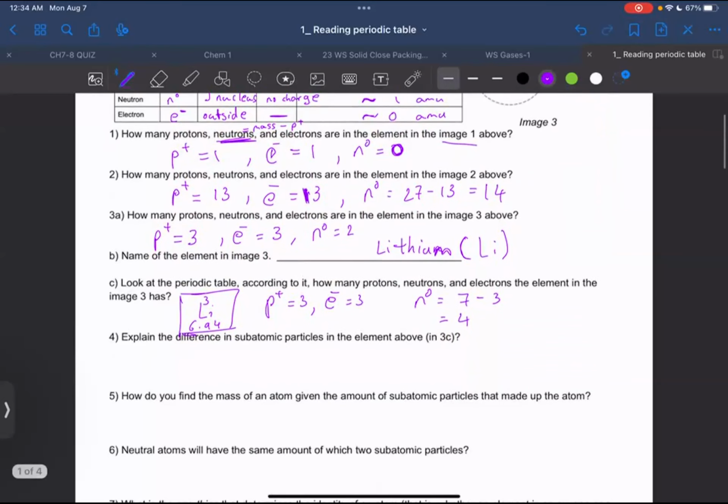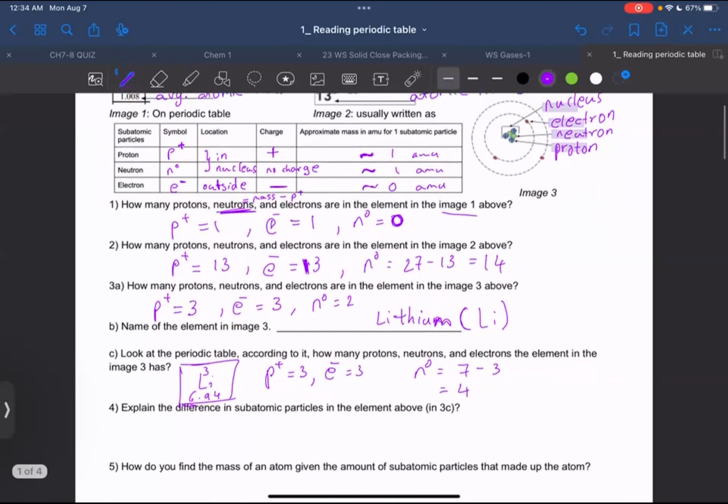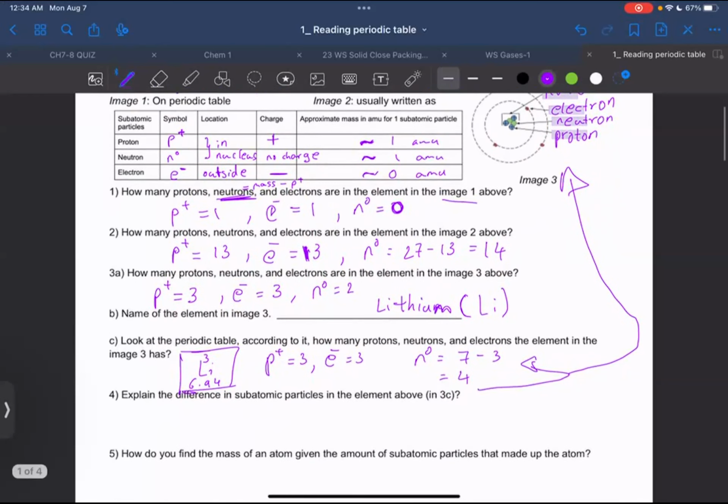What's the difference between the elements above in 3C? I should probably reword this question. I want you to compare this with this. What is the difference?